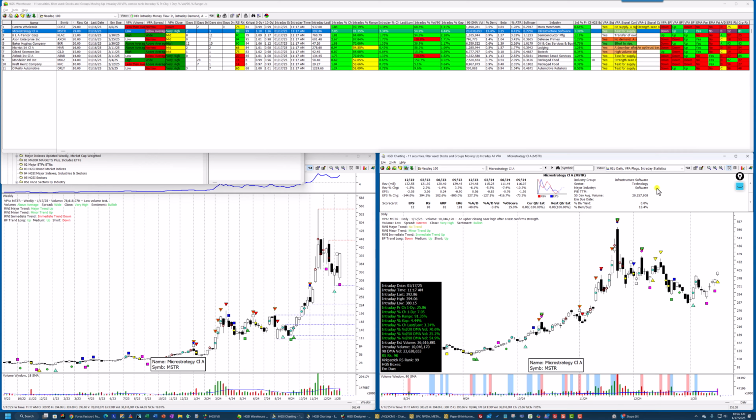Now this is a stock that doesn't even have a PE. And look at the revenue and earnings. And the current quarterly estimate is for 0.